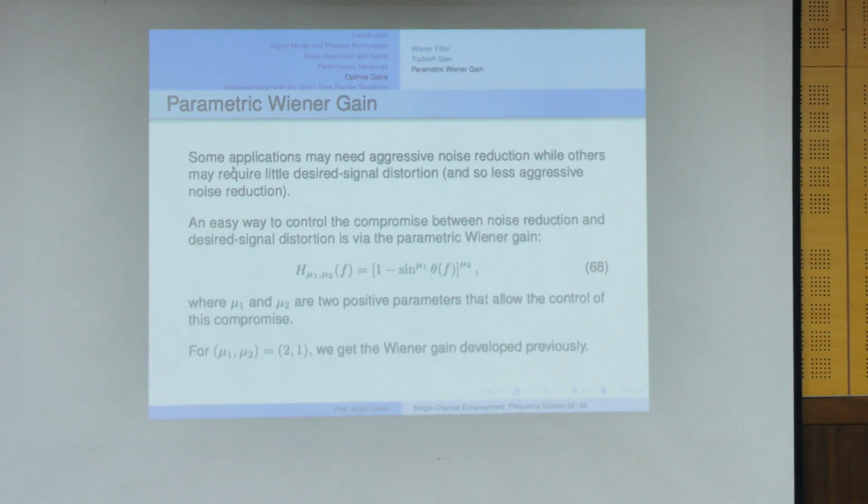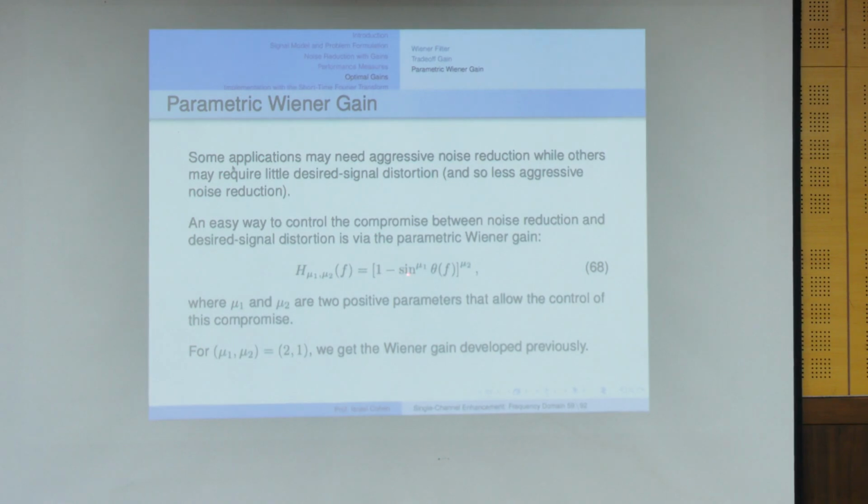How did I define theta? Such that cosine theta equals the coherence between x and y. So I can write a new gain, with parameters mu1 and mu2.